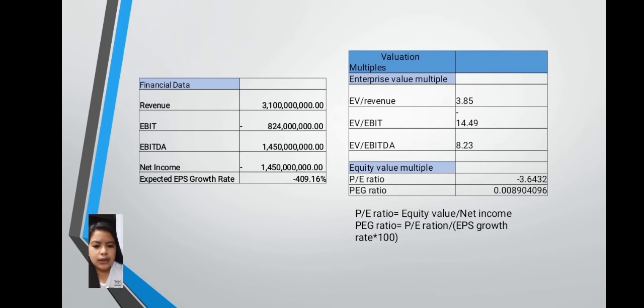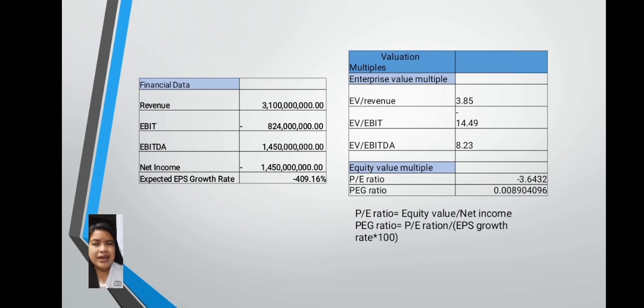So next is the equity value with a formula of price over earning ratio. So the price over earning ratio results to negative 3.6432.